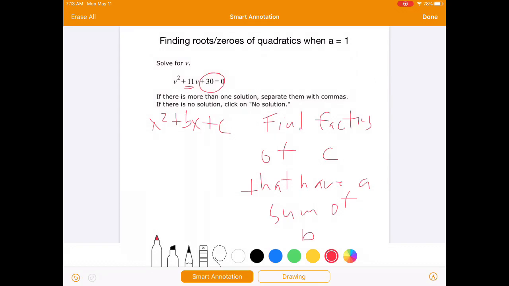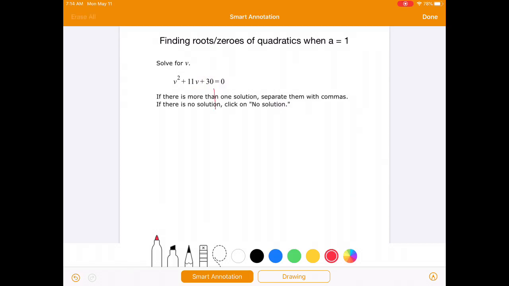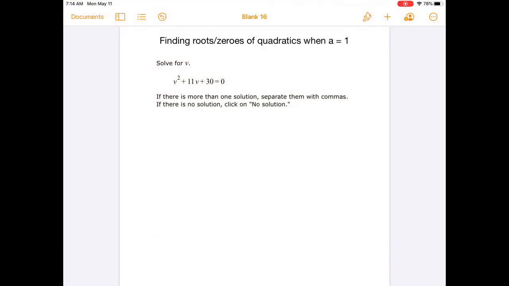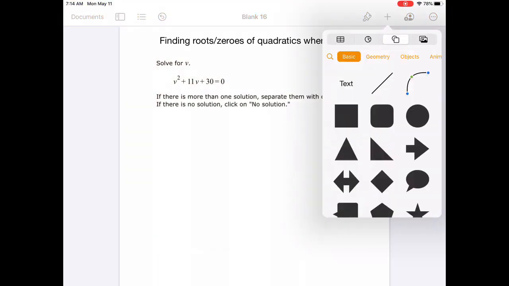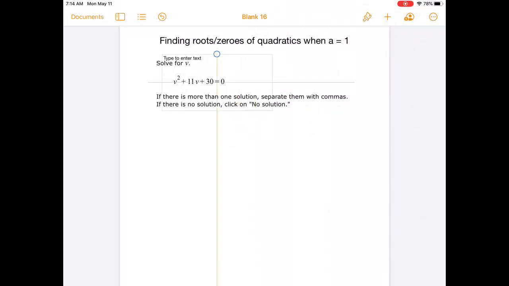All right, and maybe I'll go ahead and type that in here real quick, just so we remember this is what we're going to be doing the entire time. So let me put this right in here.